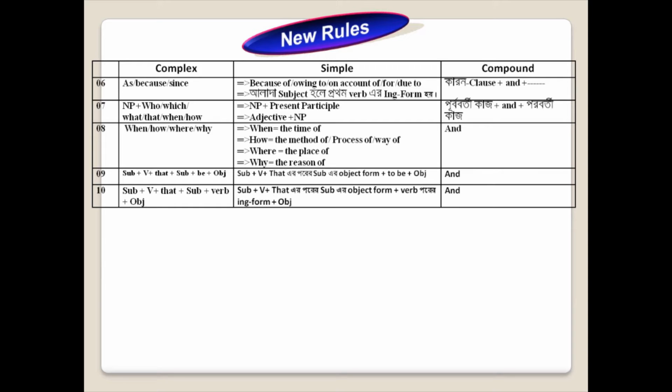In other way, if there are different subjects of the clauses, you can use the ing form of verb in past clauses in simple. In compound, you will have to use karon clause and then and. Here karon clause means the clause that means the cause.